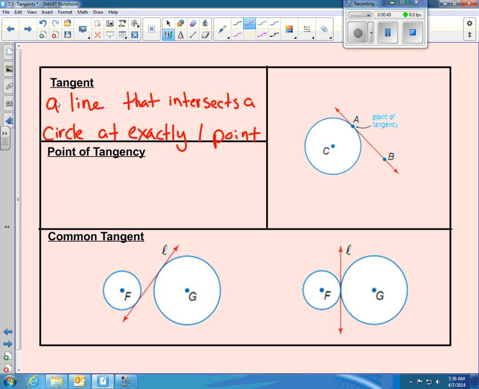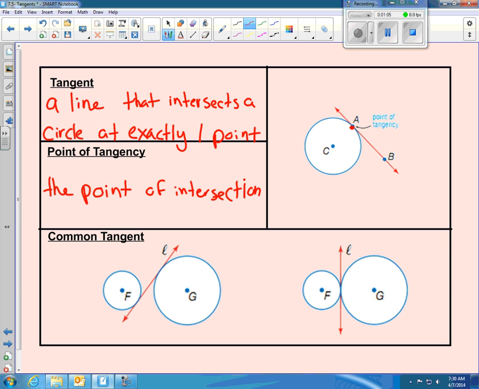The point of tangency is actually that point of intersection. So if we look at our picture to the right, A is the point of tangency. It's that one point where our line AB touches circle C.